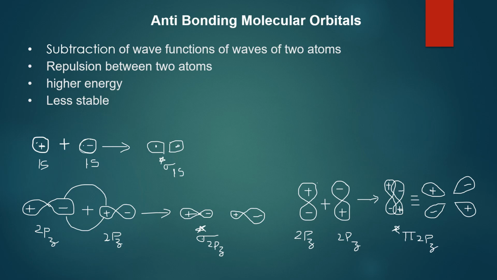Moving to the next picture, the 2pz atomic orbital combines with another 2pz atomic orbital to form pi star 2pz anti-bonding molecular orbital. Here the two atomic orbitals with different signs are far away from each other, which results in the pi star 2pz anti-bonding molecular orbital. We can observe these two p atomic orbitals are in a vertical position, leading to the formation of pi star 2pz anti-bonding molecular orbital.